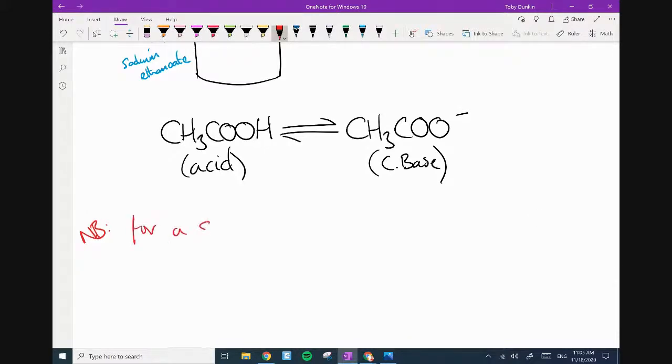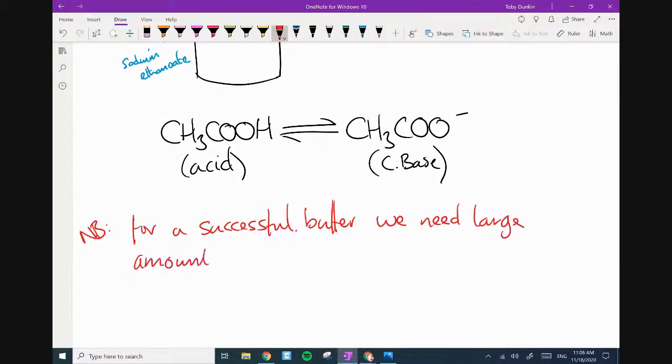For a successful buffer, we need large amounts of both the weak acid and its conjugate base, its salt.